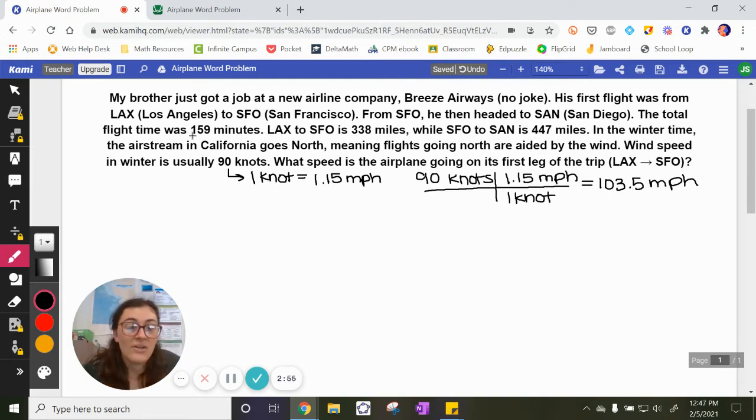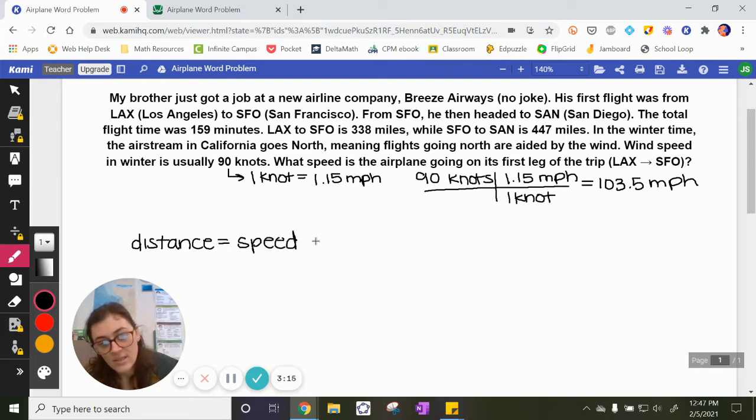And I'm also going to calculate minutes to hours because I want everything to be in equal units. And just like the last problem we did where we were talking about rowing against a current and with a current, we're going to really focus on the equation distance equals speed times time.